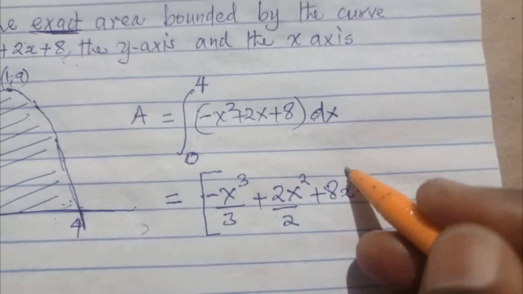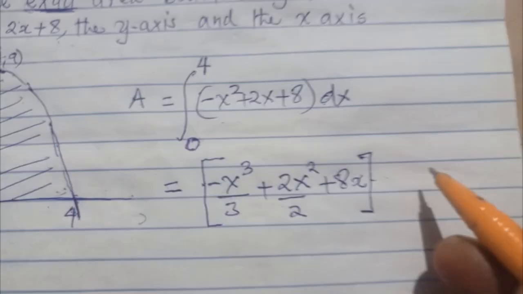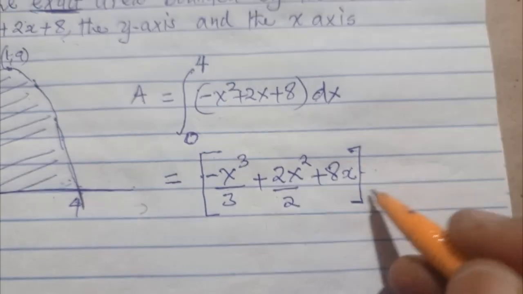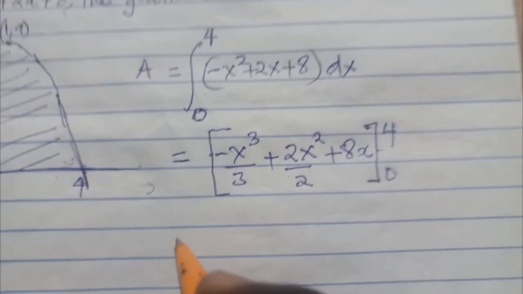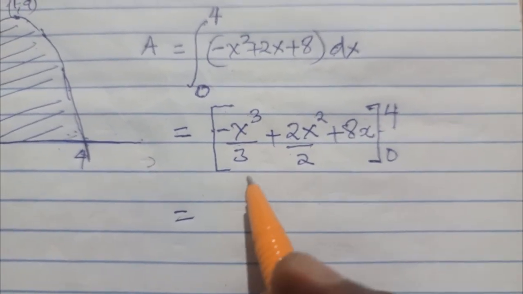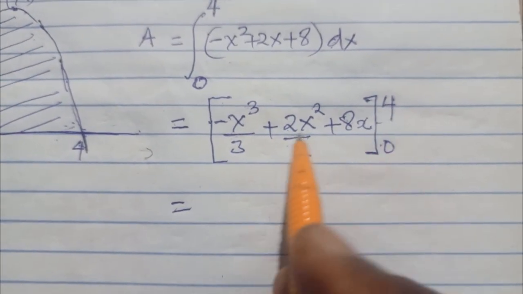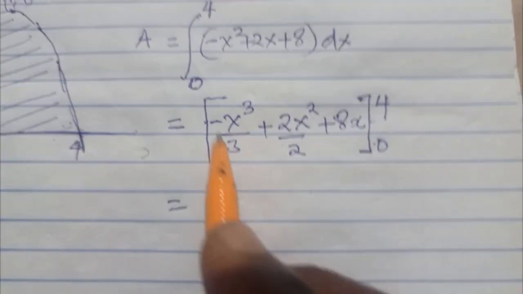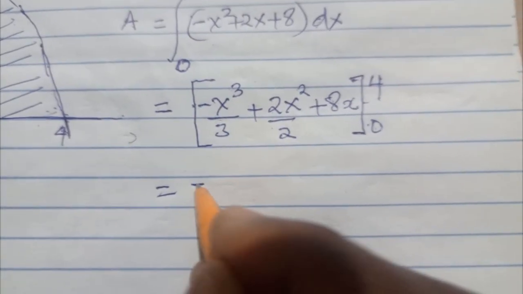Even if we did, it would still just cancel out, so it is unnecessary to add c here. So, 0 to 4. Then the next thing is to substitute the values 0 and 4 and get the difference, as I'll show you in a short while.